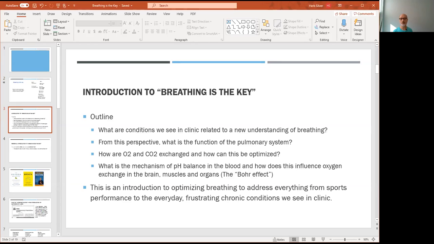And we'll go over a brief introduction to the mechanism of acid balance in the blood and why this is important to how oxygen is utilized throughout our body. So this is just an introduction to optimizing breathing to address everything from sports performance to the everyday frustrating, chronic conditions we see in our clinic.